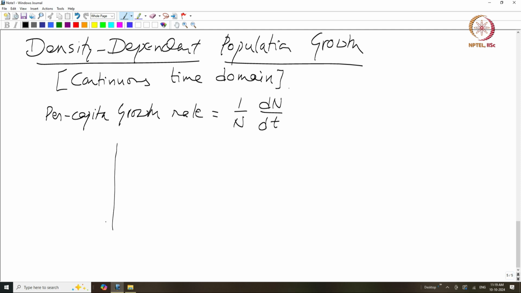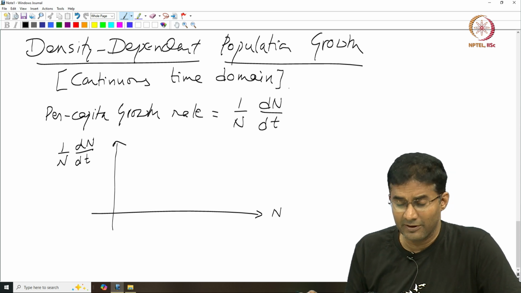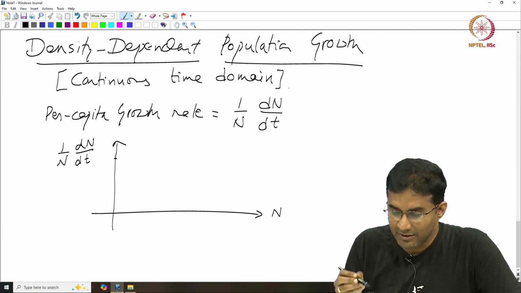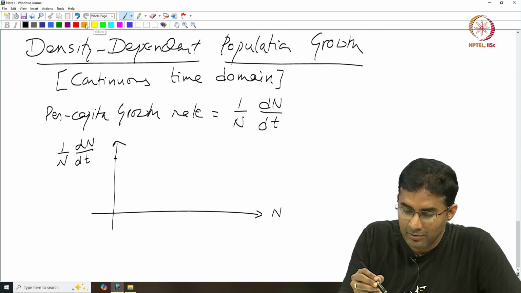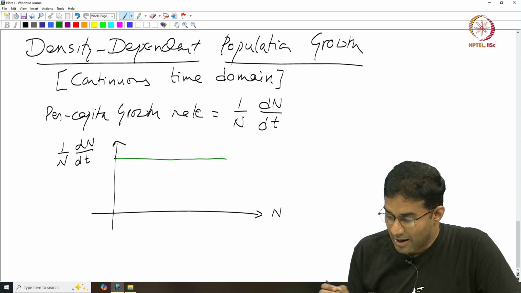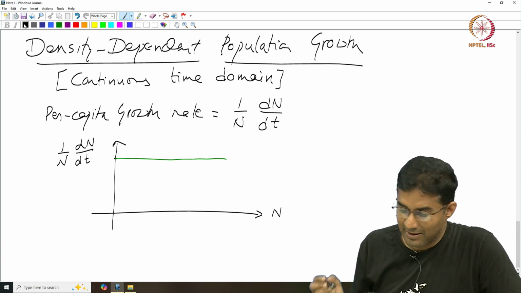So, what we now need to think of is how the per capita growth rate will depend on population size when there are limiting resources. Okay. So, I will draw this curve to indicate the unlimited resources scenario or the density independent scenario.